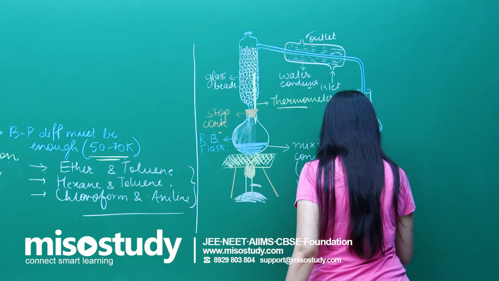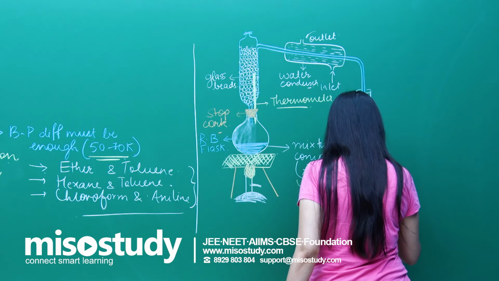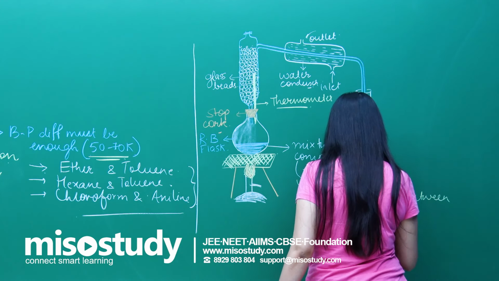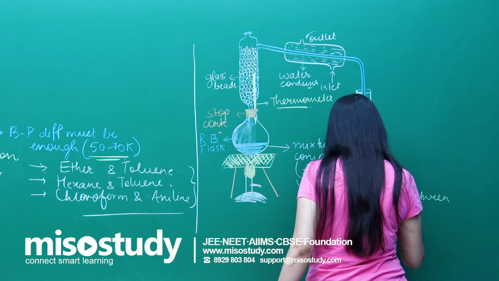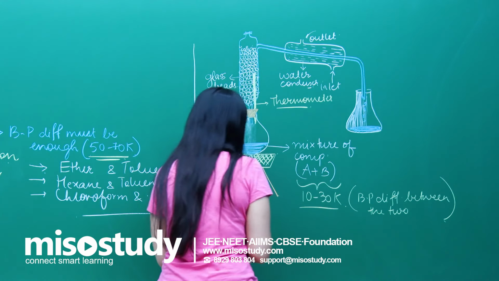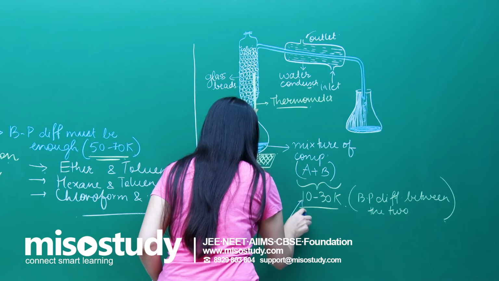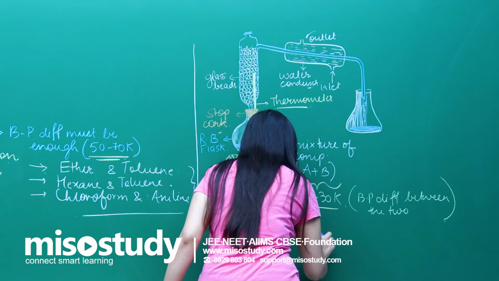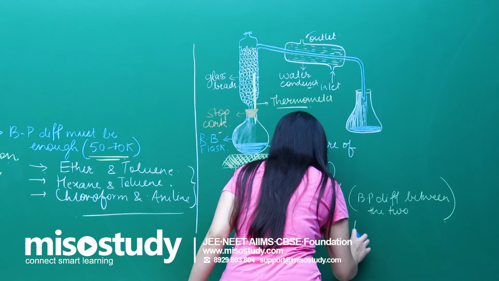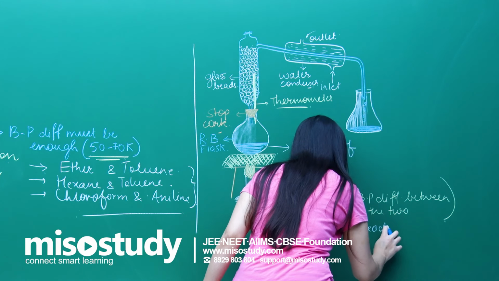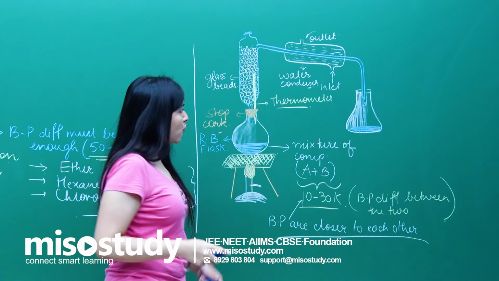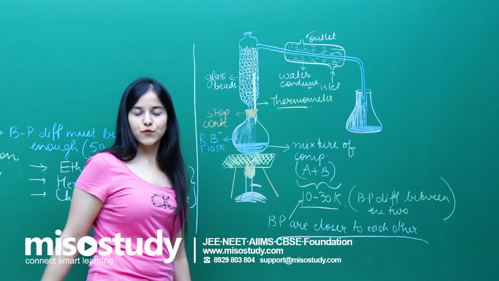So that is the boiling point difference between the two. That means the boiling points are closer to each other. Clear? Fine. So that is the entire technique over here.